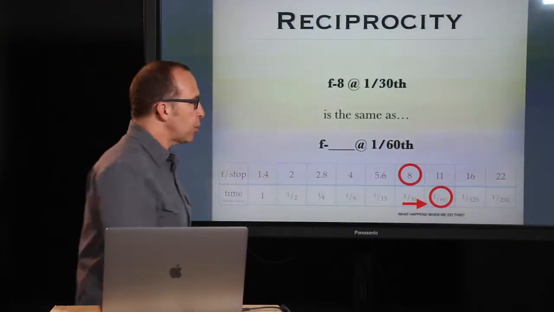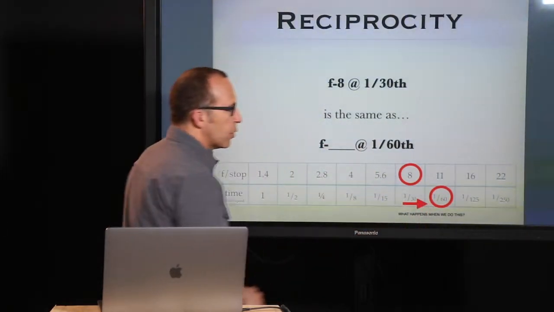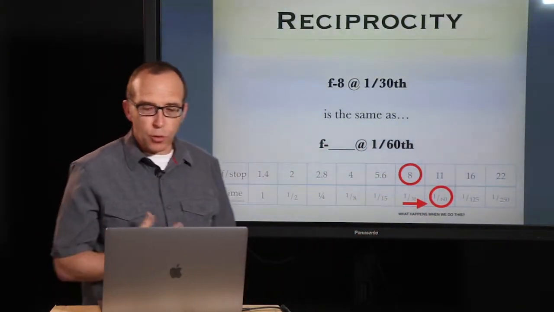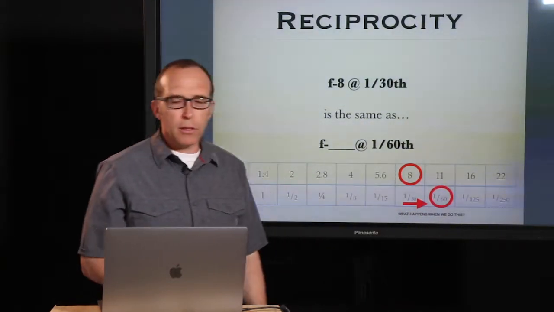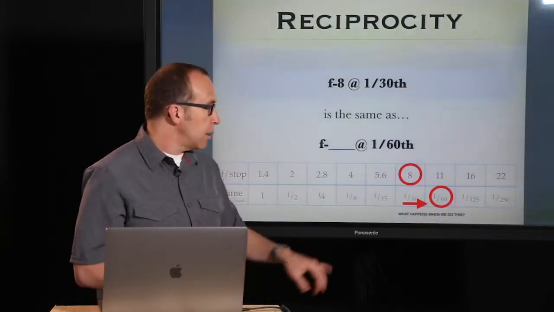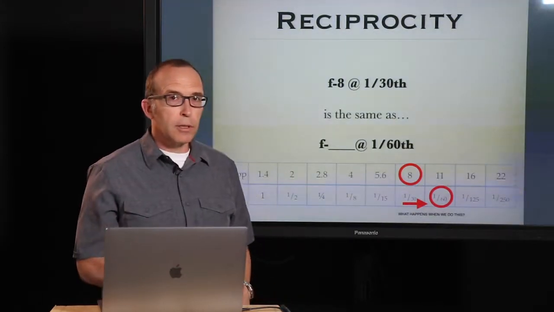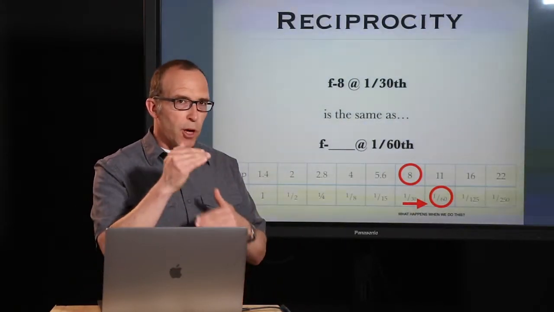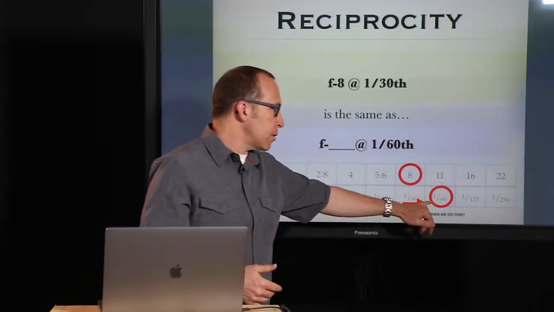Well, what we're doing here is we're taking our 30th of a second and we're going to a 60th. Great. So I've got a question here. What happens when we do this? Well, our photo is going to get darker. How much darker? Well, going from a 30th to a 60th is a stop. Remember I said it was time you got to start memorizing your shutter speeds and f-stops? So just looking at that, I know that's a stop.